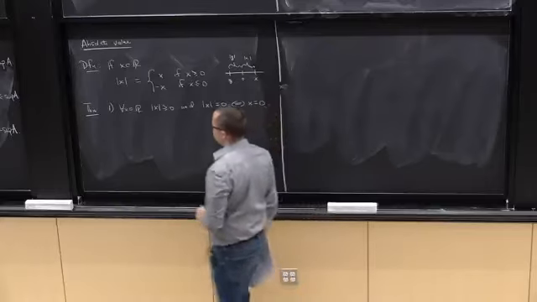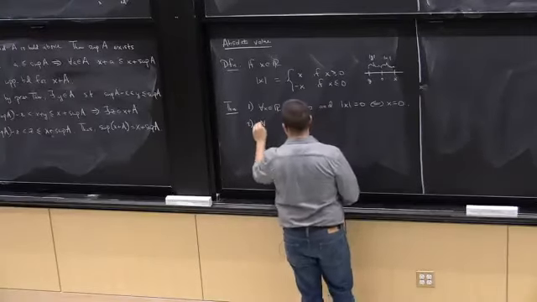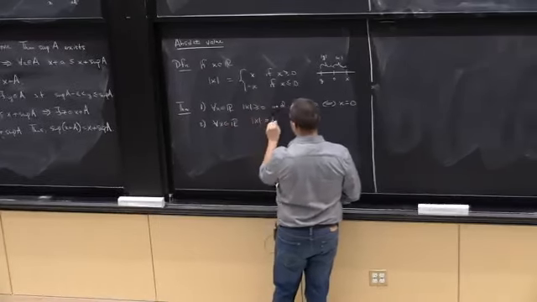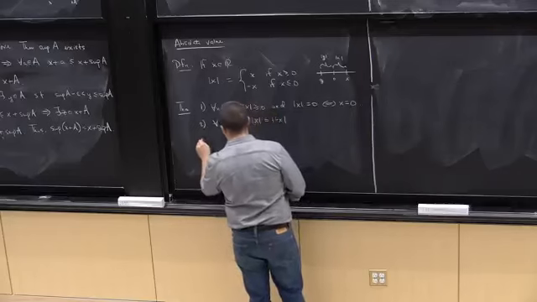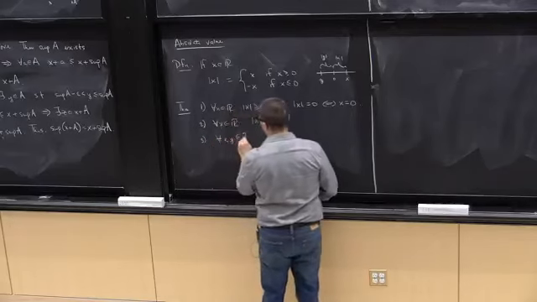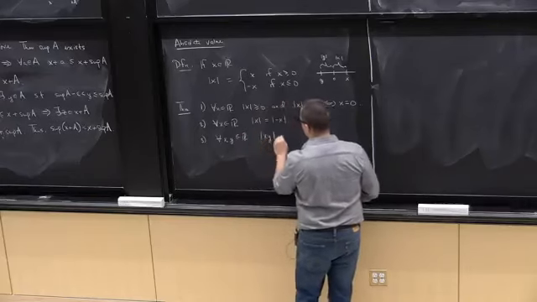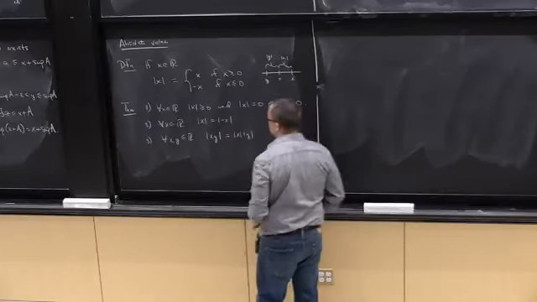Okay? The second property is that for all x in R, the absolute value of x equals the absolute value of minus x. For all x, y in R, if I take the absolute value of the product, this is equal to the product of the absolute values.